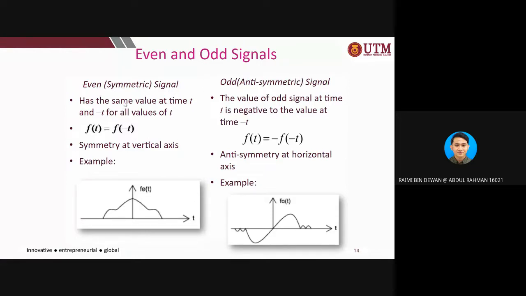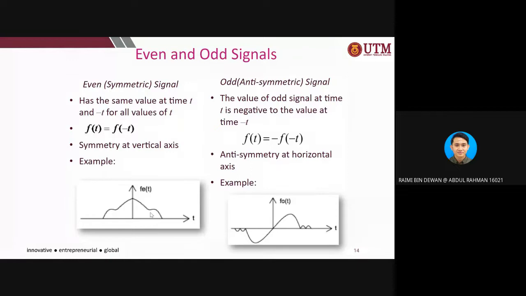A symmetric signal has the same value at time t and negative t for all values of t. For example, for this graph, here is 1 second and here is negative 1 second, and let's say the amplitude is 1.